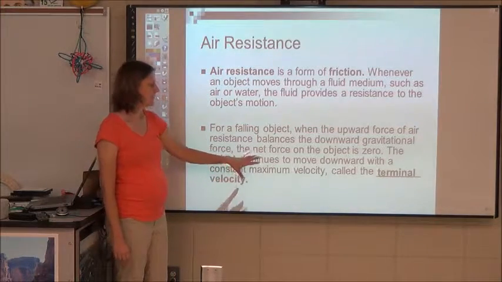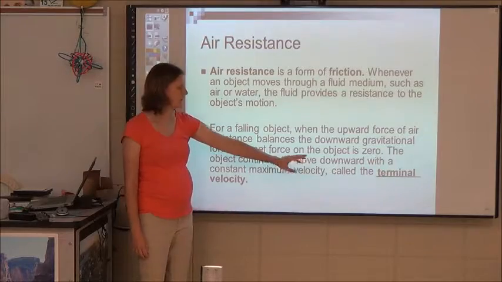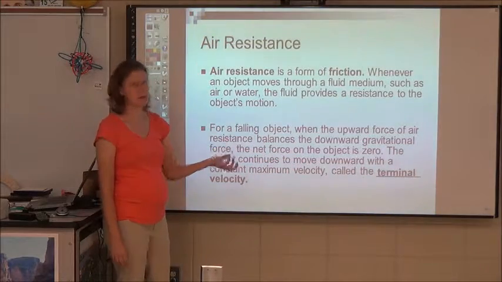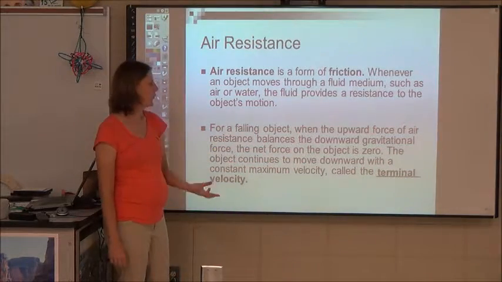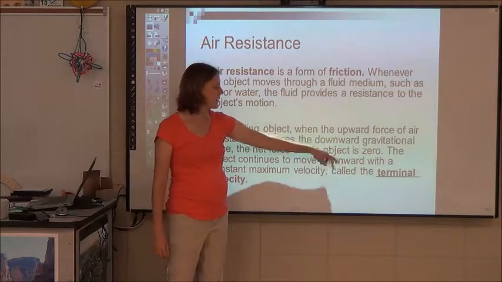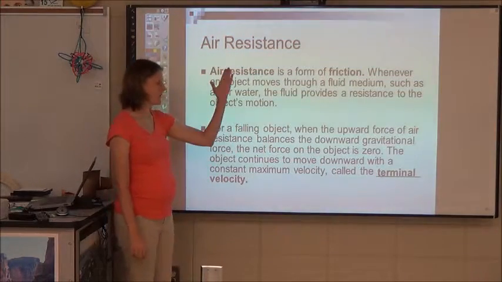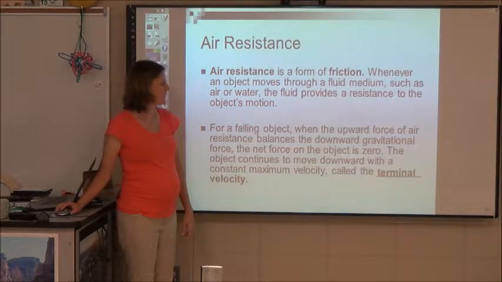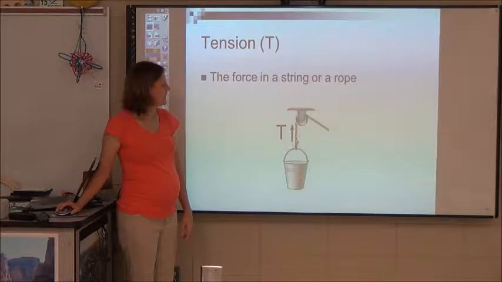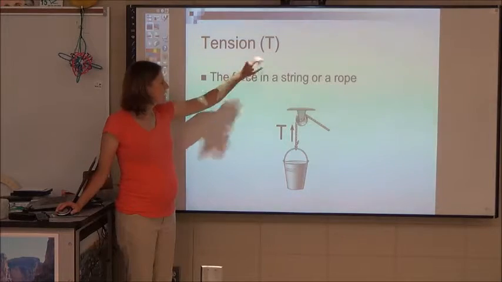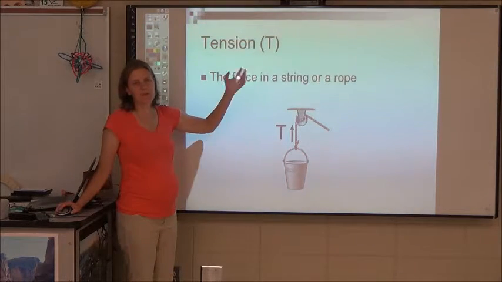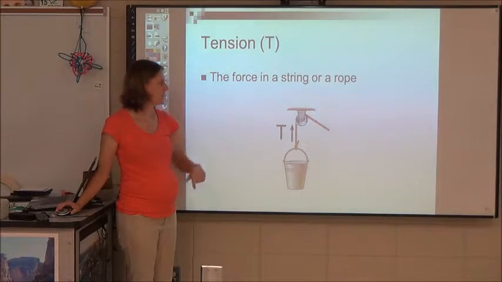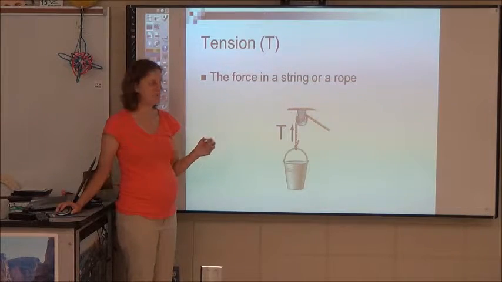It's where the object is not accelerating, because the upward force equals the downward force. Air resistance up equals weight down. So constant velocity. All right, another force, tension. If you have a force in a rope or a string, something being pulled by a rope, we usually call that T for tension.